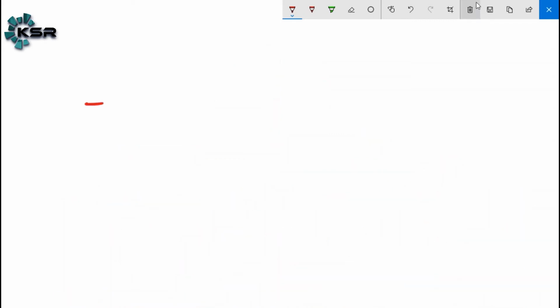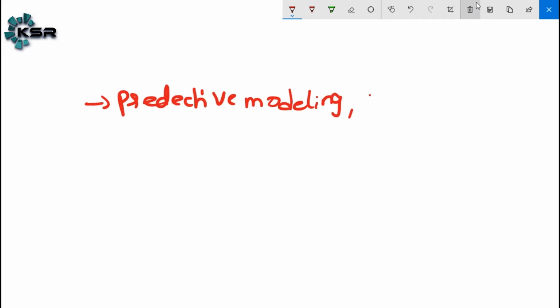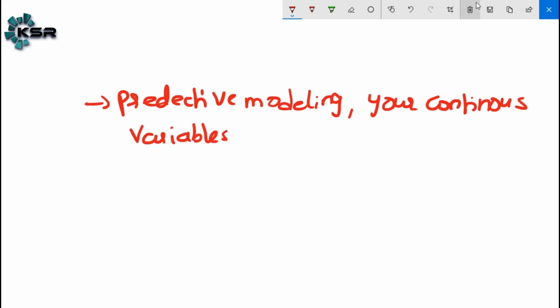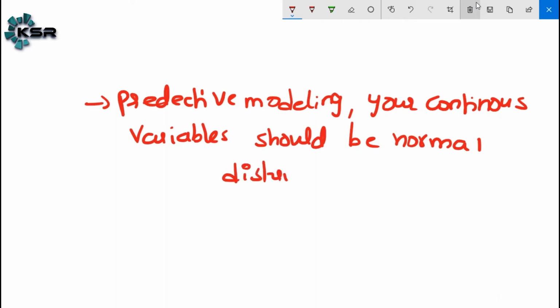In predictive modeling, your continuous variable should be normally distributed.